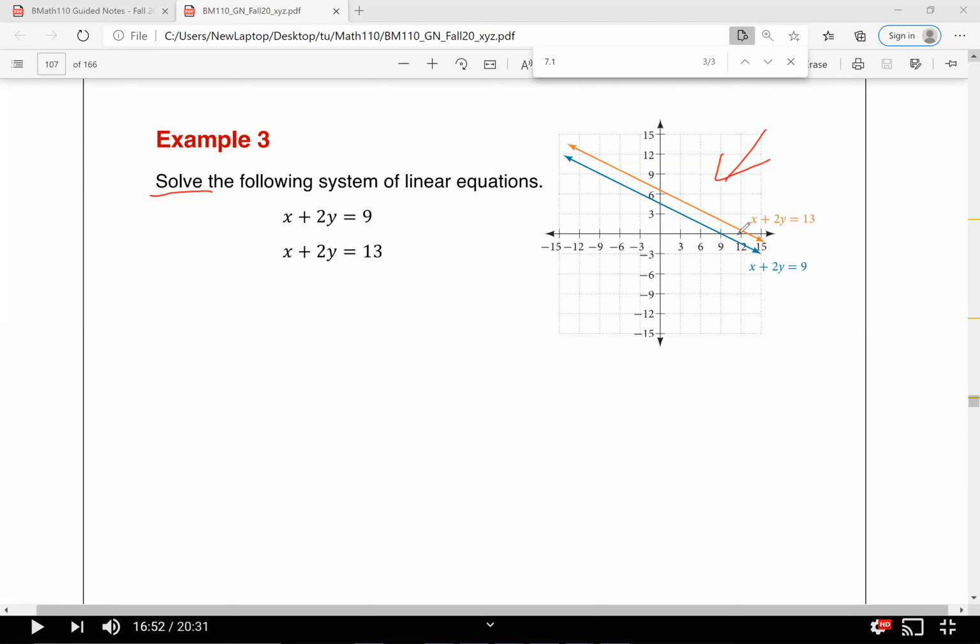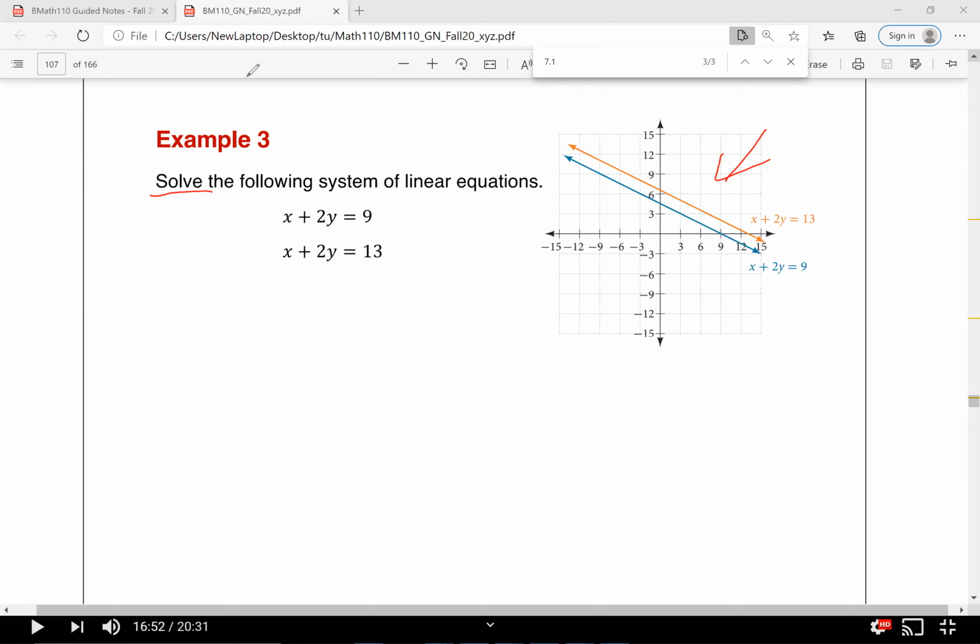So it looks like this system doesn't have any solution. But who knows? Maybe later on it keeps going and finally touches right here. But in order to make sure that there is no solution, we need to solve it by algebraic method.